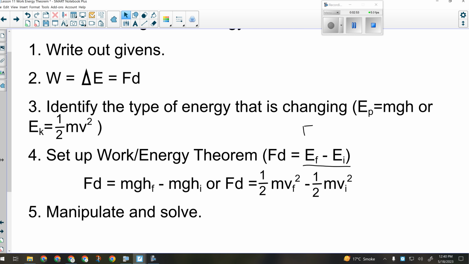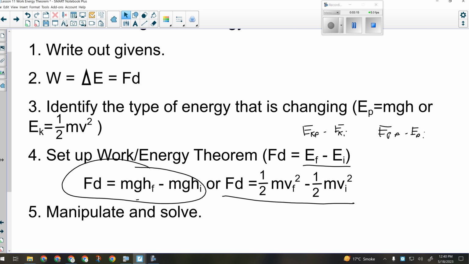That might be EK final minus EK initial, or it could be EP final minus EP initial. It just depends on what the question gives you. Then you have either force times distance equals the change in potential, or force times distance equals the change in kinetic.